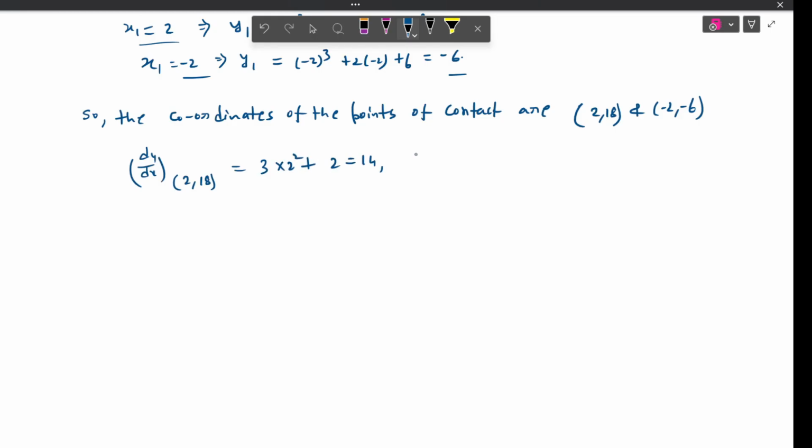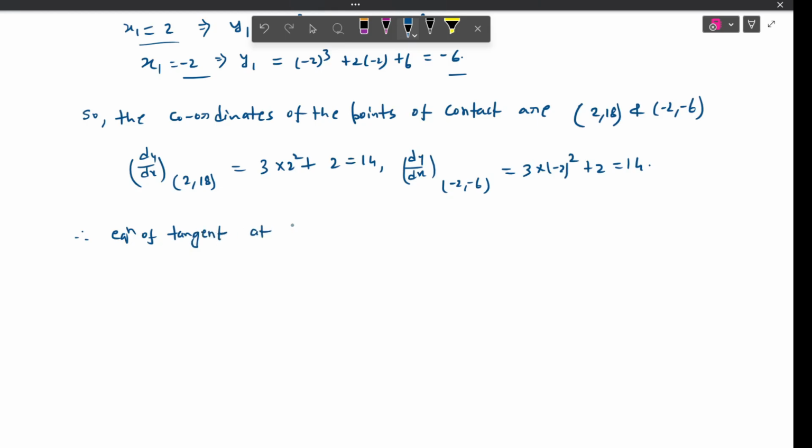It would be 14. And dy by dx at minus 2 comma minus 6 would be 3 into minus 2 square plus 2, that is 14.